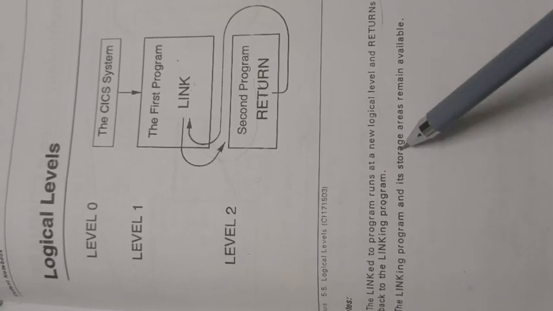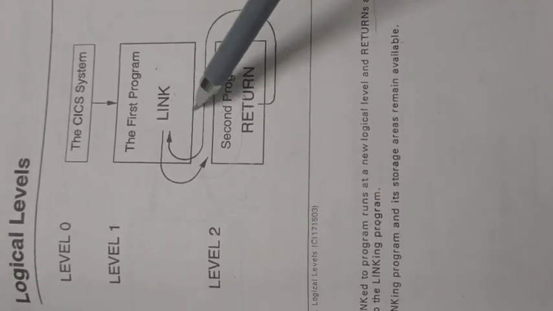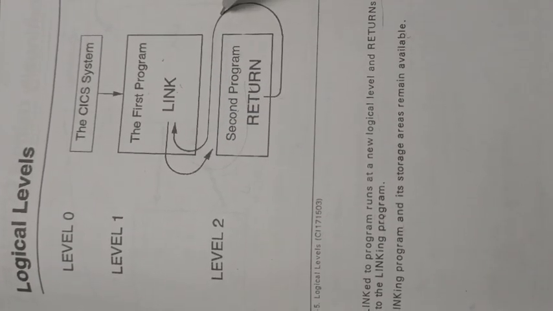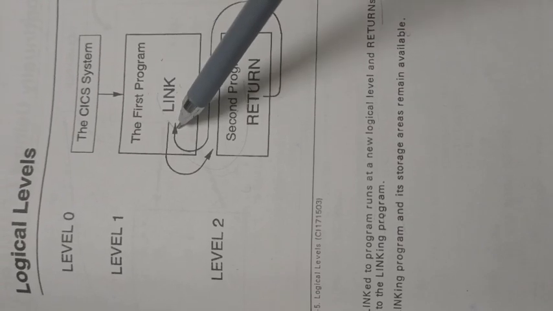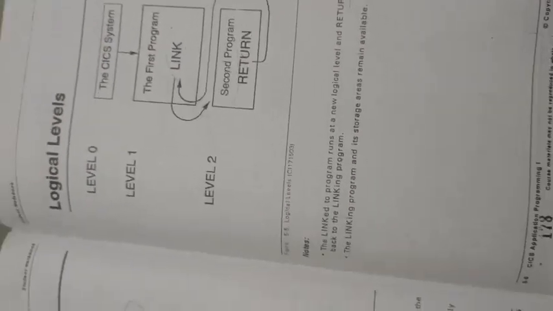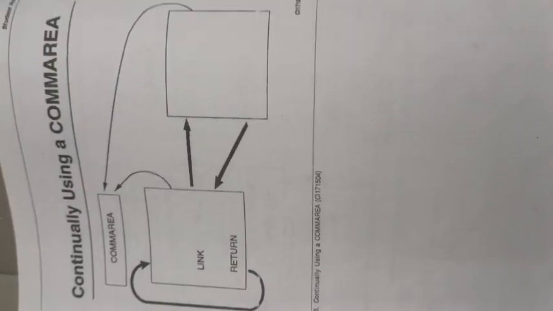The linking program and its storage remain available. Whatever data you pass to the link, once you issue the return command, control returns to wherever it came from, the first program only. This is continuously using COMMAREA, same syntax.